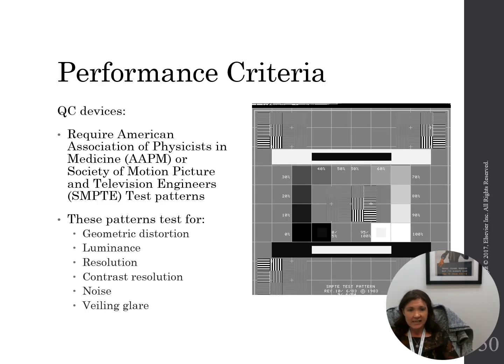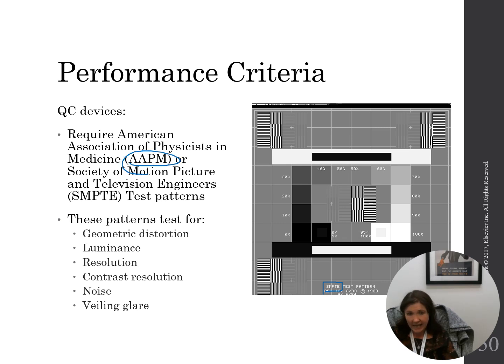Okay, we looked at these last week, so there's not going to be a whole lot more on them, but remember, the original pattern that we saw, and you can see right here, was the SMPTE, Society of Motion Pictures and Television. That was the SMPTE pattern. That was the original pattern that they would use to assess the function of a display. We've moved away from that, and now we're using AAPM.